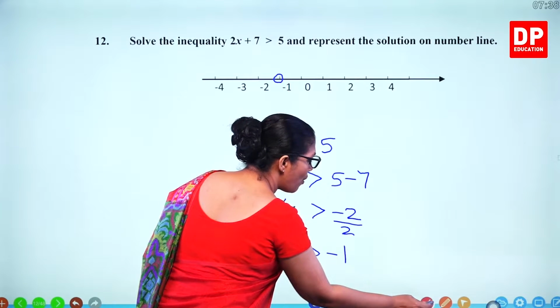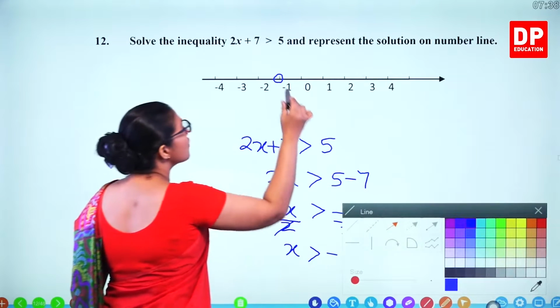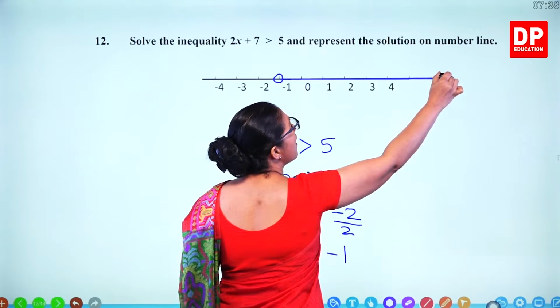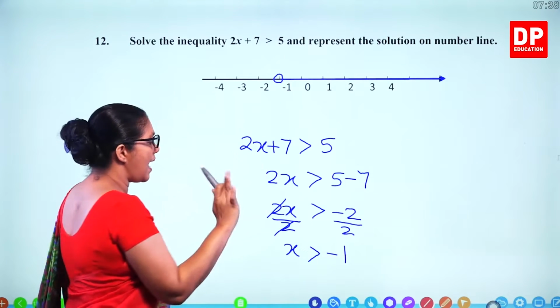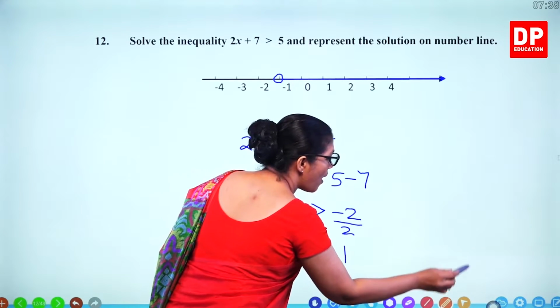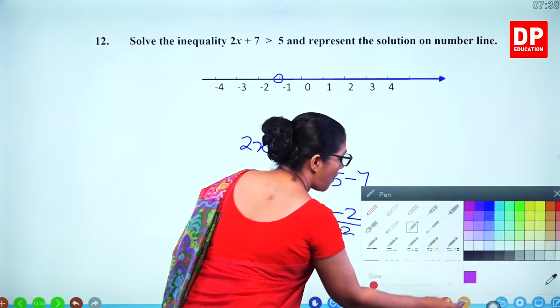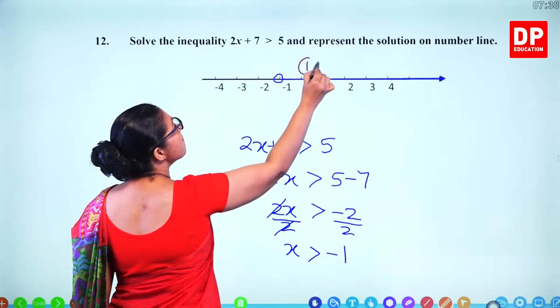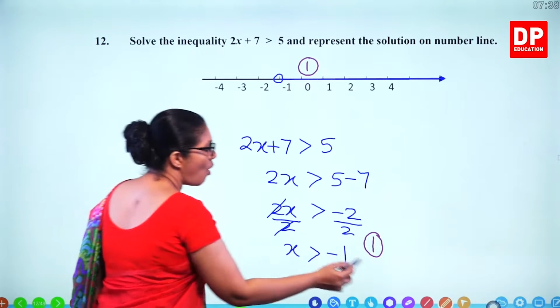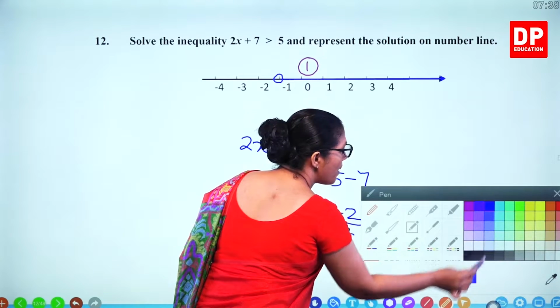We draw an arrow to the right. This is the required part, x greater than minus 1. So you get 1 mark for marking on the number line and solving the inequality. So altogether 2 marks.